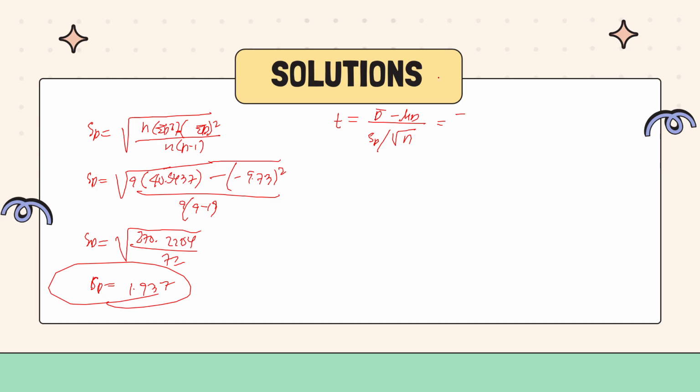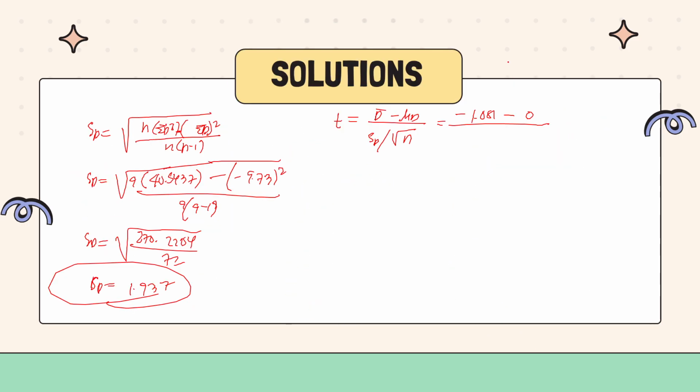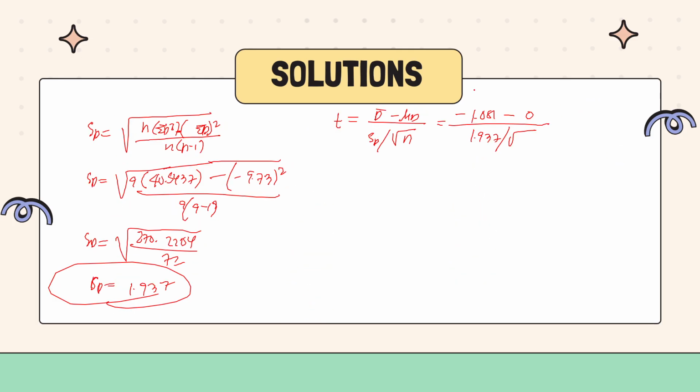Negative 1.081 minus mu D, which is equal to 0, because in our hypothesis, mu D is equal to 0, over SD, which is 1.937, over the square root of n, which is 9. Then it is equal to negative 1.674.